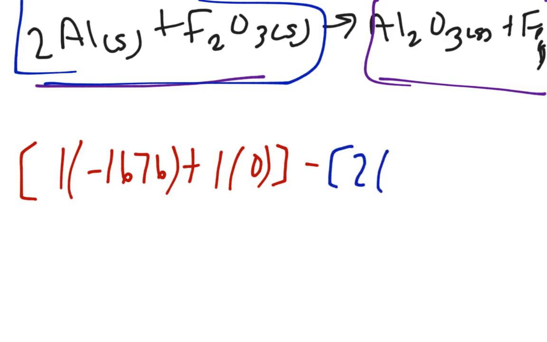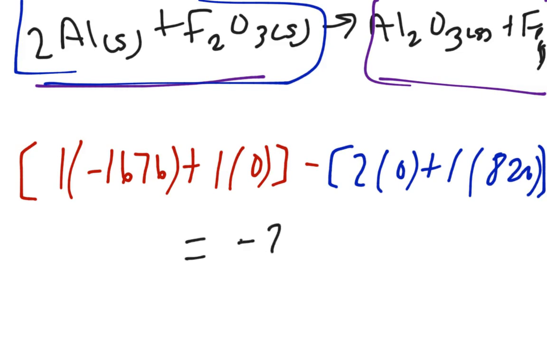So that's 2 aluminum, which is elemental so it'll be 0, plus 1 iron oxide, which is negative 826. So this equals an overall enthalpy of negative 850 kilojoules.